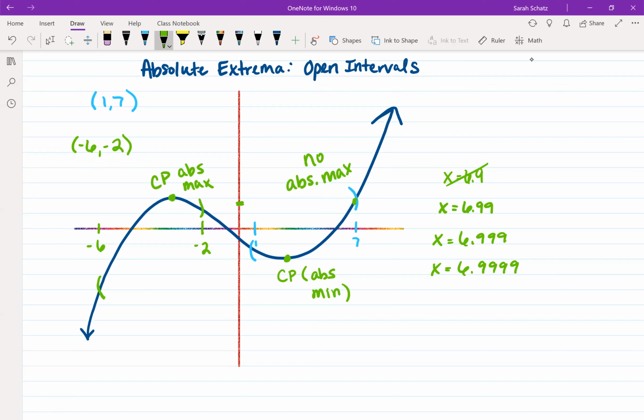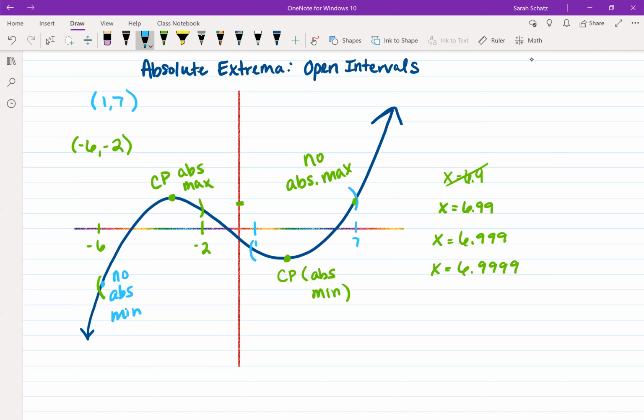So again, I could say, oh, well, maybe it's really close to that value right here, but you can always get closer. When you think you are as low as you can go without actually hitting x equals -6, you can go lower. You can get infinitely close. So on this one, because your interval is open, there's no absolute min.